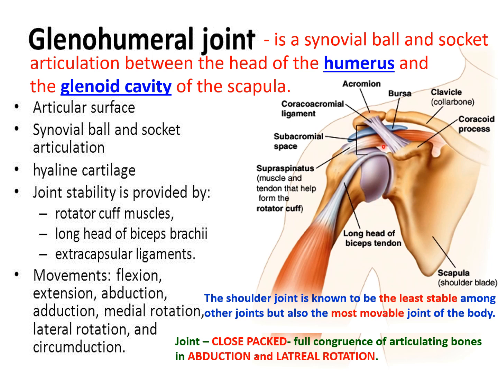The stability of this joint, as said, is provided by the rotator cuff, the guardian of the joint, and it is also stabilized by the long head of the biceps and all the other surrounding extracapsular ligaments.